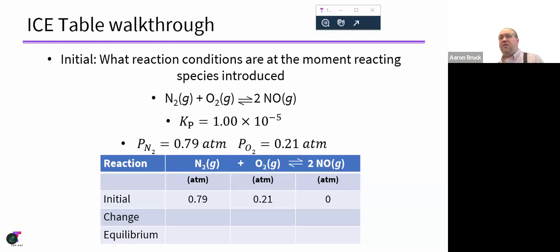If we start here with the initial conditions, what are we told by the problem? Well, initially we have 0.79 atmospheres of nitrogen and 0.21 atmospheres of oxygen. We aren't given any information about the nitrogen monoxide, so it's safe to assume that it's not there, and so its initial pressure is 0.